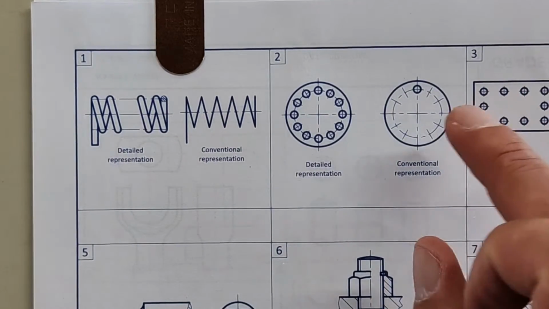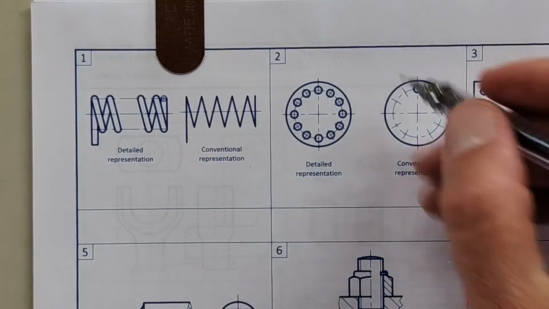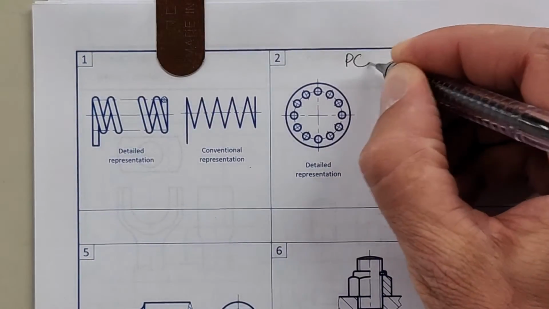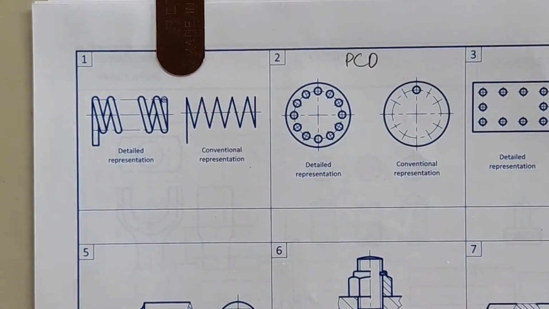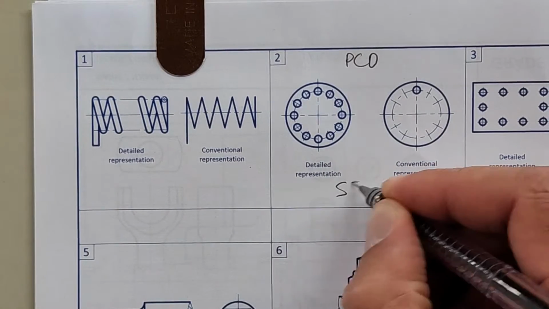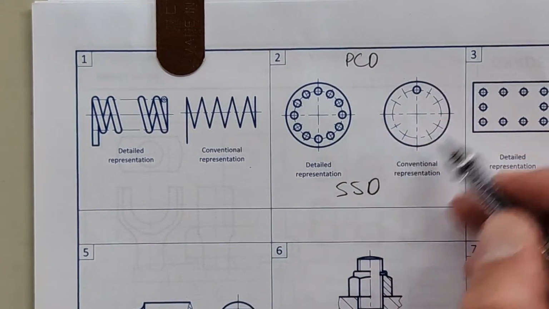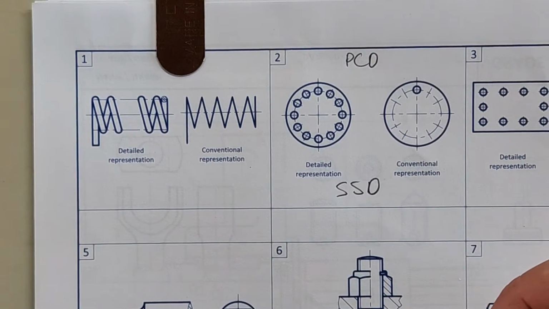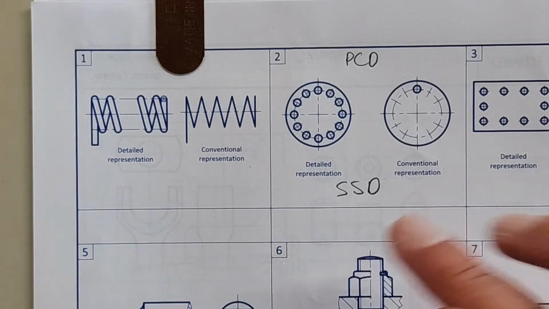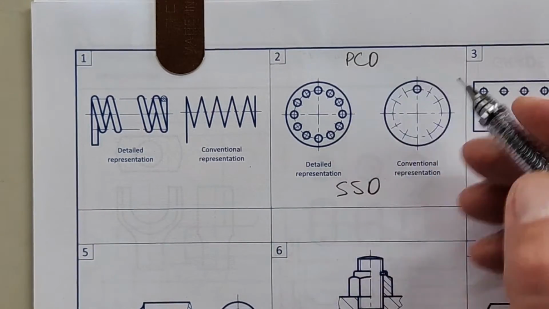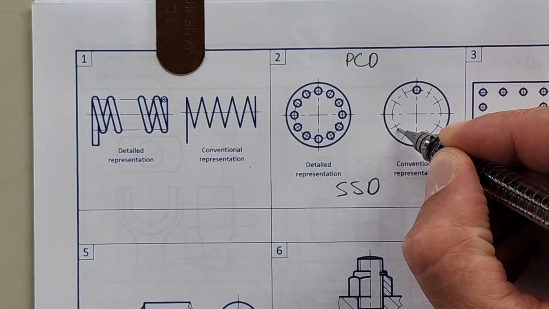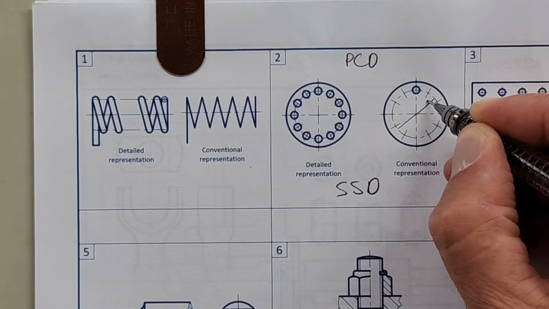Now, if they ask you here, what is the PCD? In Afrikaans, the SSD. What are they referring to on this? Can you remember? This is a question that's come up many times. PCD is this diameter. Alright?